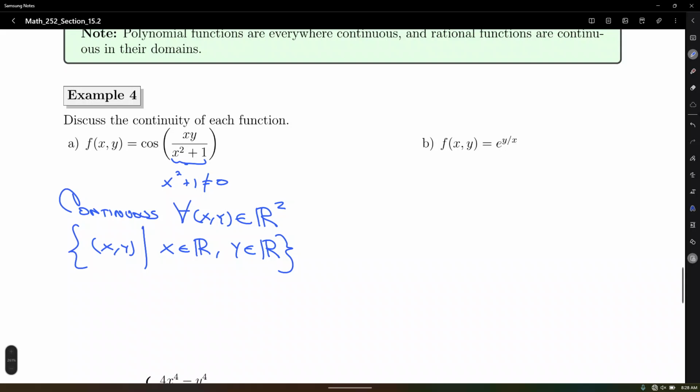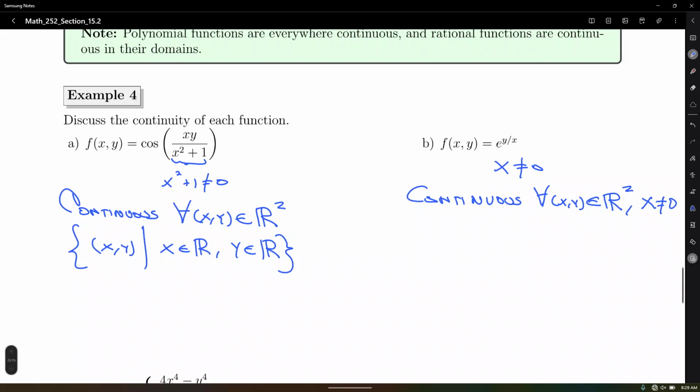So the numerator y can be anything, but the denominator x cannot be equal to 0. So it's continuous for all x, y in R2, as long as x is not equal to 0. That is our only condition.